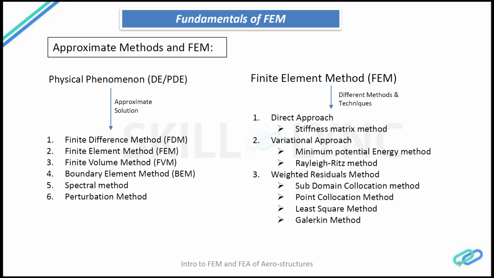Coming to the variational approach, it includes the minimum potential energy method or the Rayleigh-Ritz method. Both use a potential energy function in which your displacement function is chosen by the user for the entire domain, which is the structure.